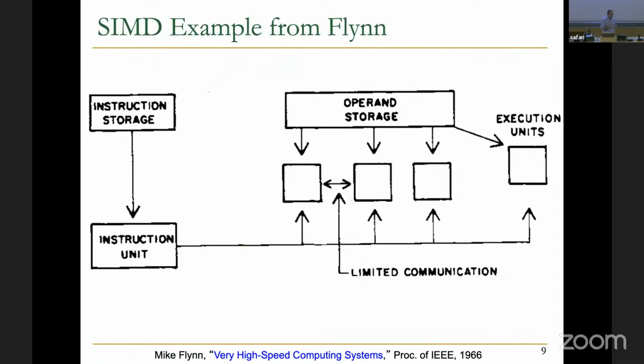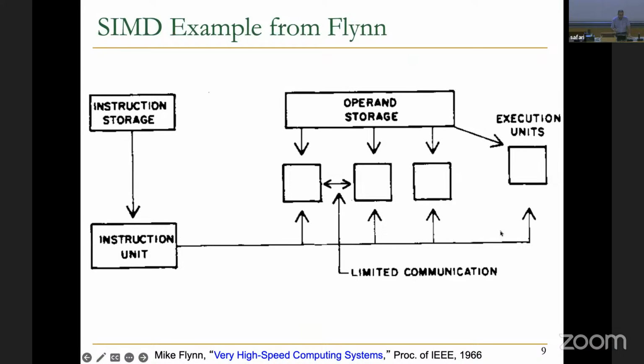And this one is a SIMD architecture from Flynn. The way Flynn was envisioning it, we have some operand storage and an instruction storage. You fetch one instruction, and this instruction is going to apply to many, many operands at the same time.